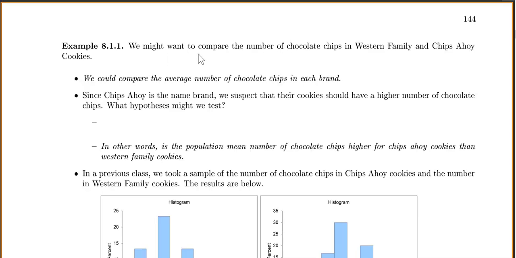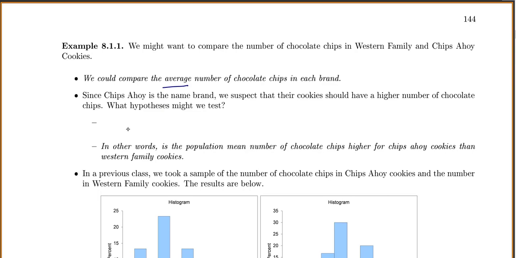So for example, we might want to compare the number of chocolate chips in Western Family and Chips Ahoy cookies. So we could compare the average number of chips in each brand. Since Chips Ahoy is the name brand, we suspect that their cookies should have a higher number of chocolate chips. So what hypotheses might we test?